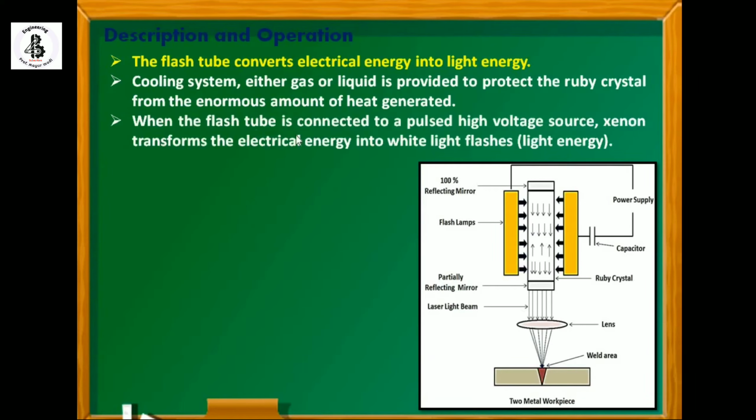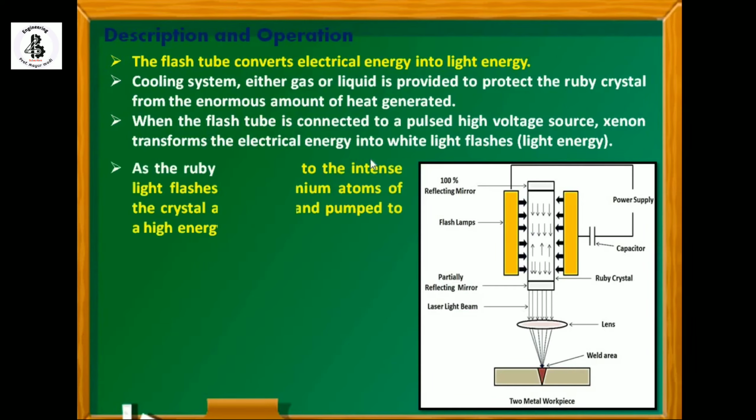When the flash tube is connected to a plug with a high voltage source, xenon transforms the electrical energy into white light flashes, or you can say it will have light energy. As the ruby is exposed to intense light flashes, the chromium atoms of the crystal are excited and pumped to a high energy level.